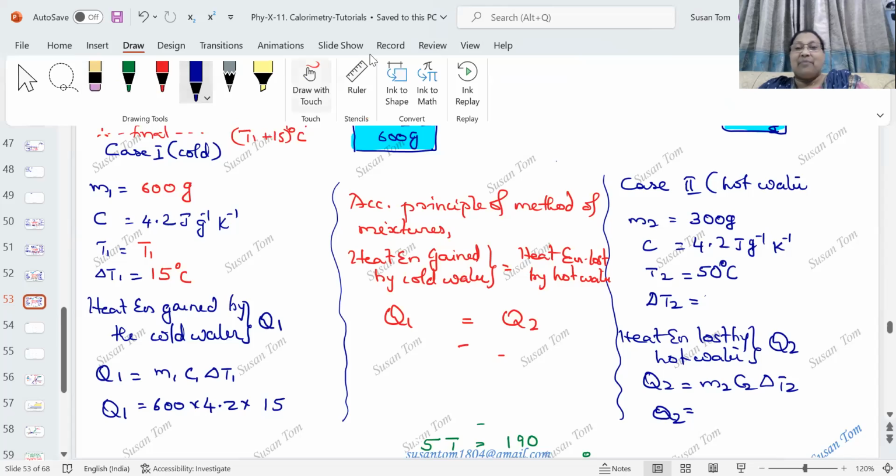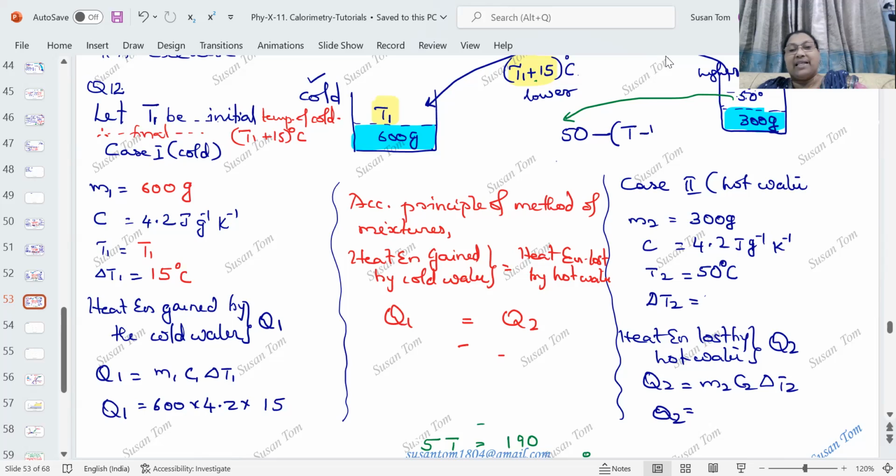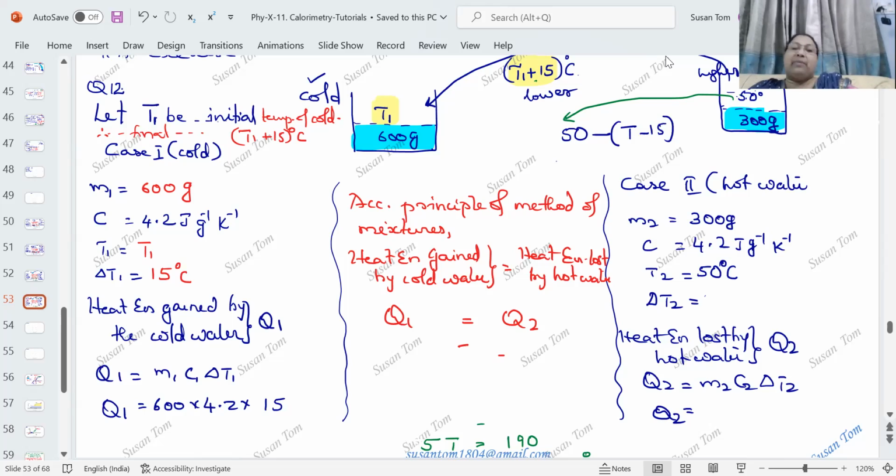So the difference in temperature is this: 50 is the initial temperature of the hot water, minus this, which is the lower value than the 50. Higher minus lower. So in bracket I put T1 plus 15. Is it okay?